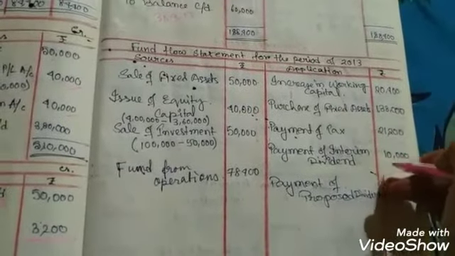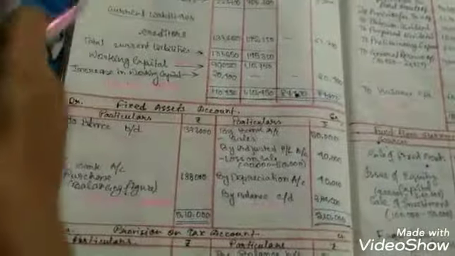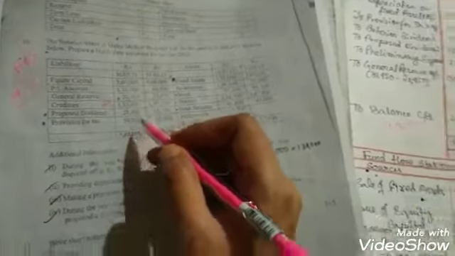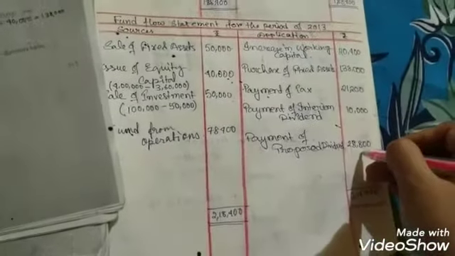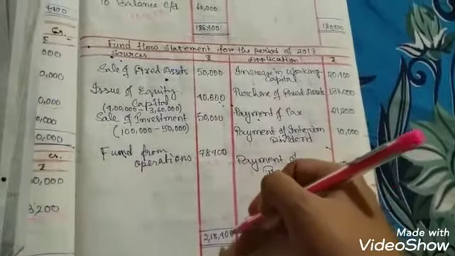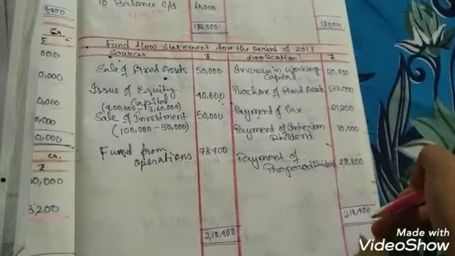Payment of interim dividend, it is given 10,000, so 10,000. Payment of proposed dividend it is given 28,800, so we write 28,800. So both side, if we add the sources, 2,18,400 and application side 2,18,400.